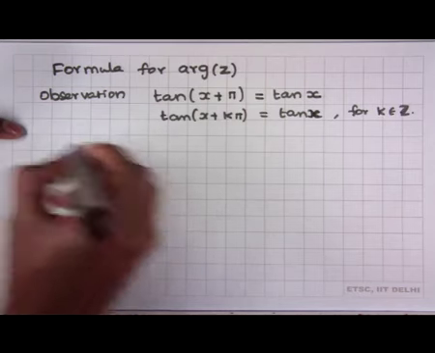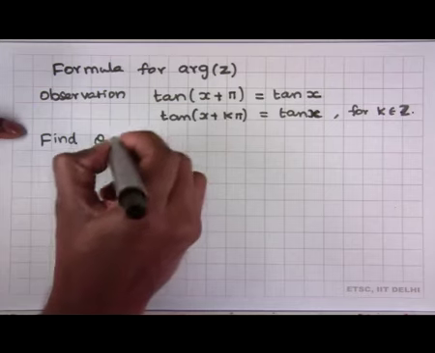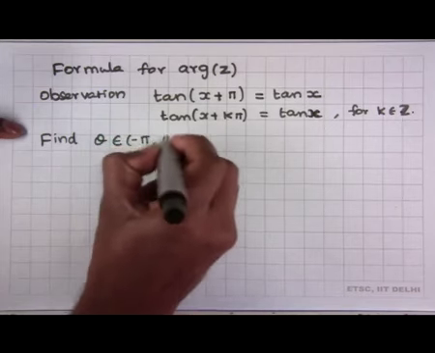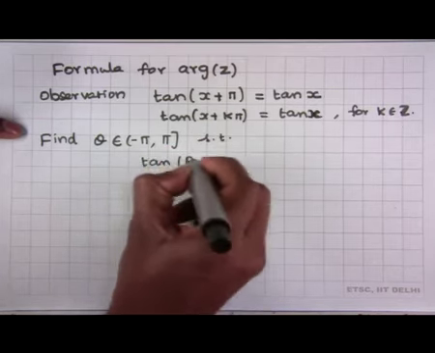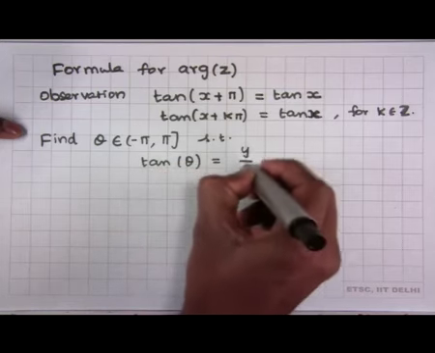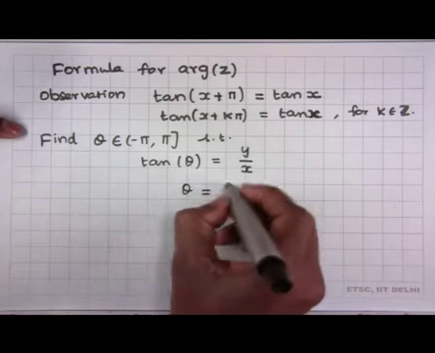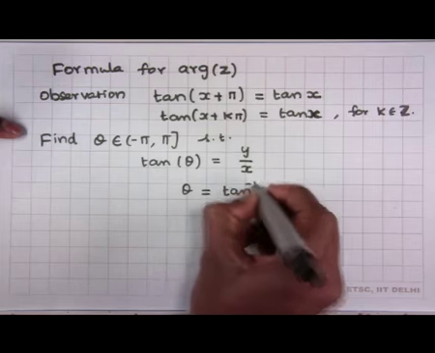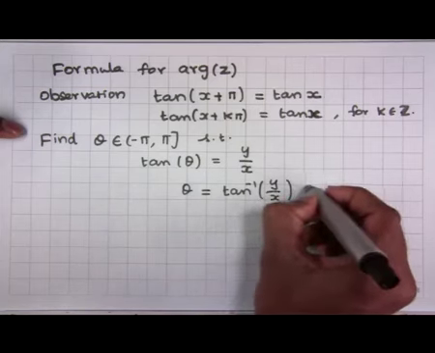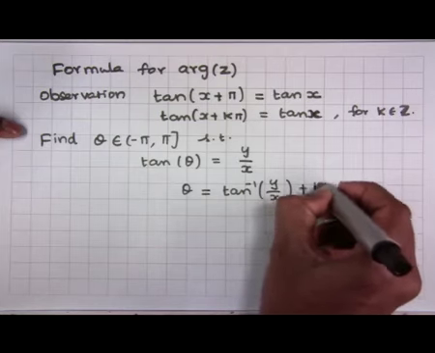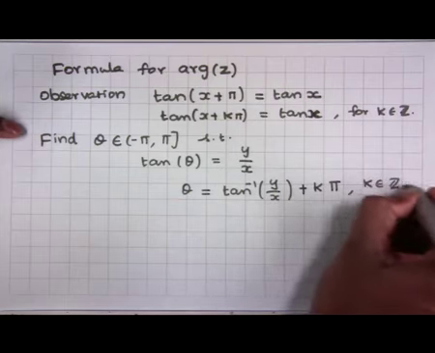Our interest is to find the principal argument such that tan of theta is y by x, but by the above relation we see that theta will be given as tan inverse of y by x, which is going to involve the angle plus k pi, where k is in the integers.